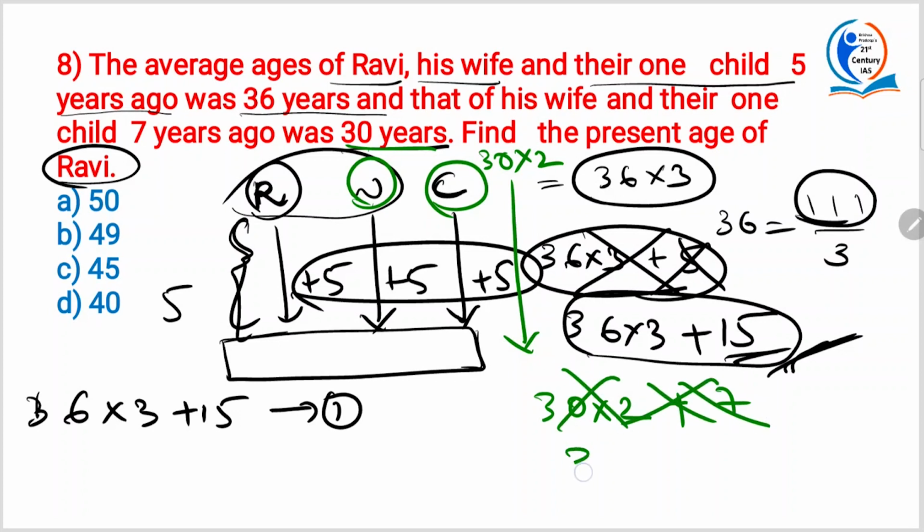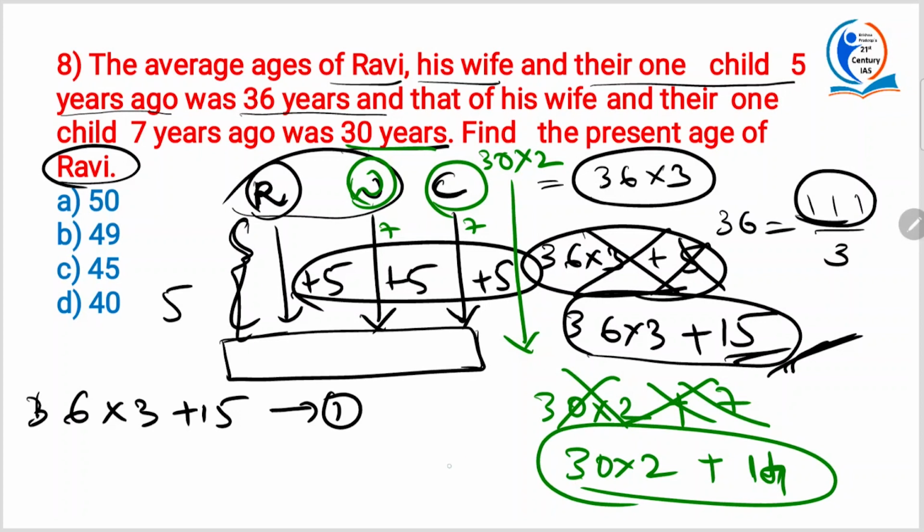No, it is 30 into 2 plus 7 into 2. That is 14, because this guy is also growing by 7 years, this wife is also growing by 7 years. No, that's why it is 14. Got my point?